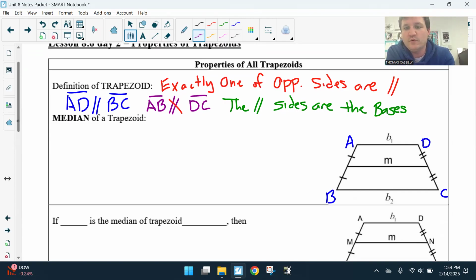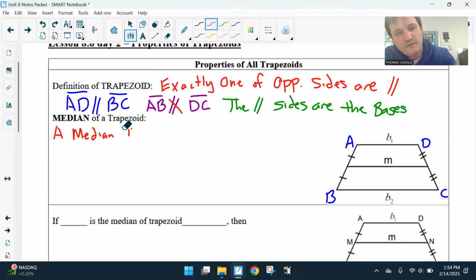Now what I'm going to do is talk about a median. Okay, the definition of the median is, I'm going to write that down, a median. I'm kind of winging this here.